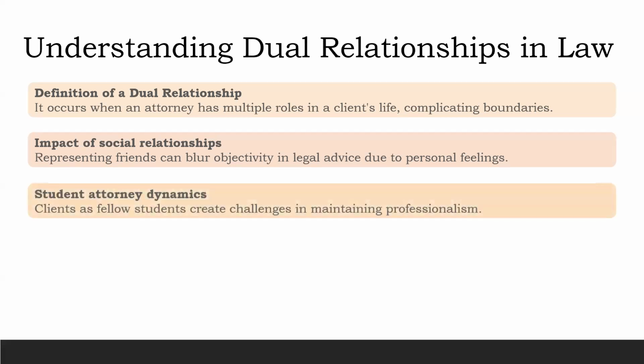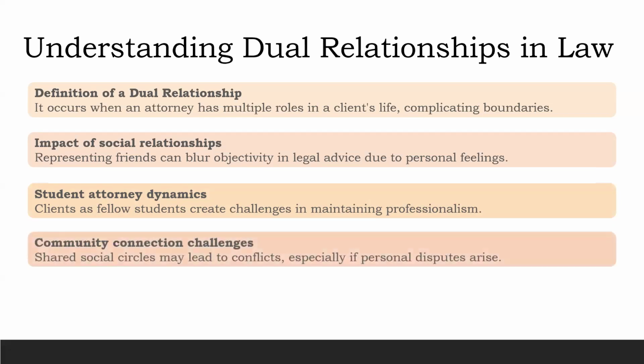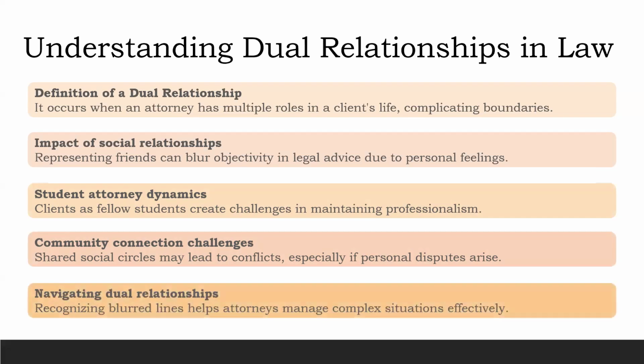In a clinic setting, a dual relationship can arise when, for example, the client is a fellow student or colleague, or you share a community or social circle. The key issue with dual relationships is that they can blur the line between professional and personal, which could affect your ability to represent your client effectively and ethically.